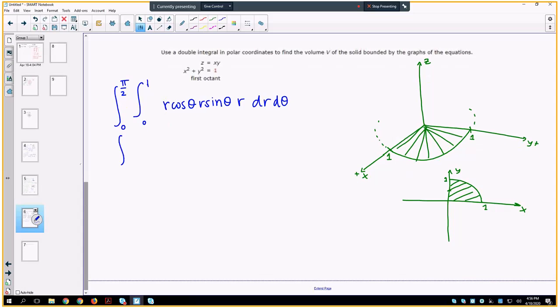So that's 0 to pi over 2, integration 0 to 1, r cubed, sine theta cosine theta, dr d theta. And this is an integration we've done a couple of times now.